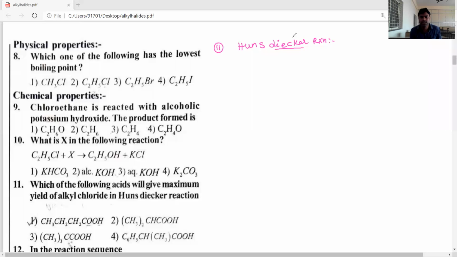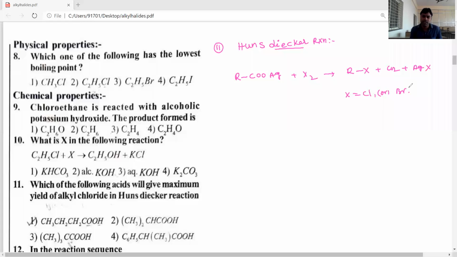Silver salts of carboxylic acids, RCOOAg, treated with halogen produce alkyl halides plus CO2 plus AgX, where X is chlorine or bromine.